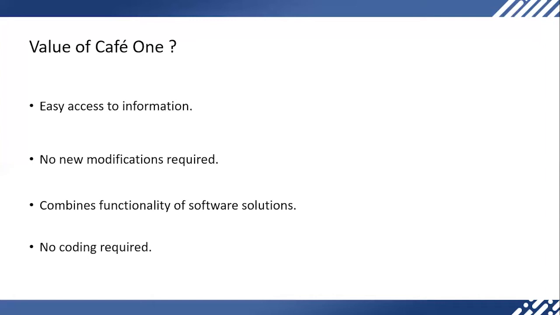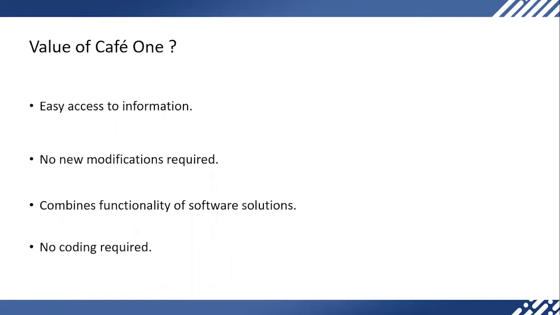It combines functionality of software solutions. So as we are combining many applications, the solution aspects of this feature are greatly improved for a particular business. It does not require any coding, so any person with no coding background can use this. We don't have to train people to start coding. This is really a very great feature.